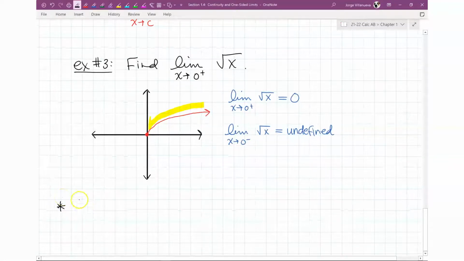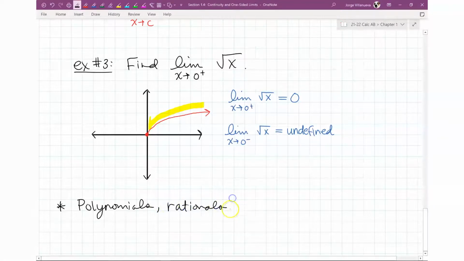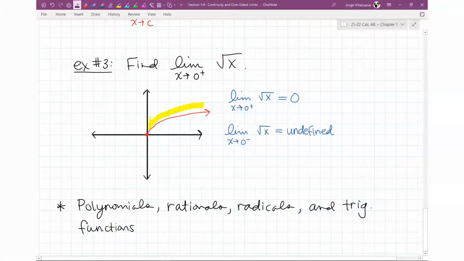So polynomials, rationals, radicals, and trig functions are continuous at every point.